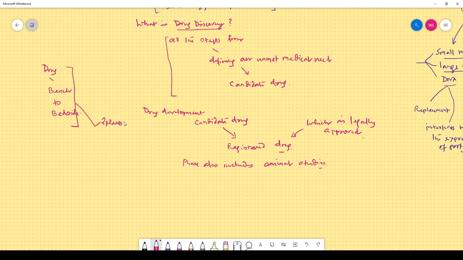What are the two phases? Drug discovery and drug development. Okay.